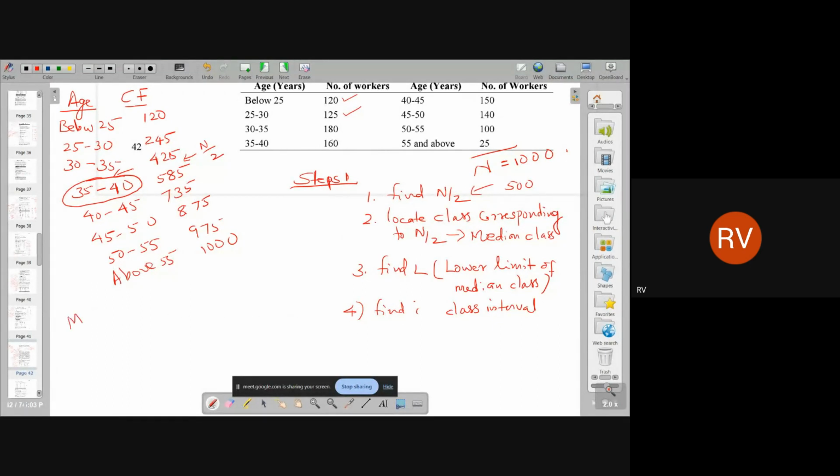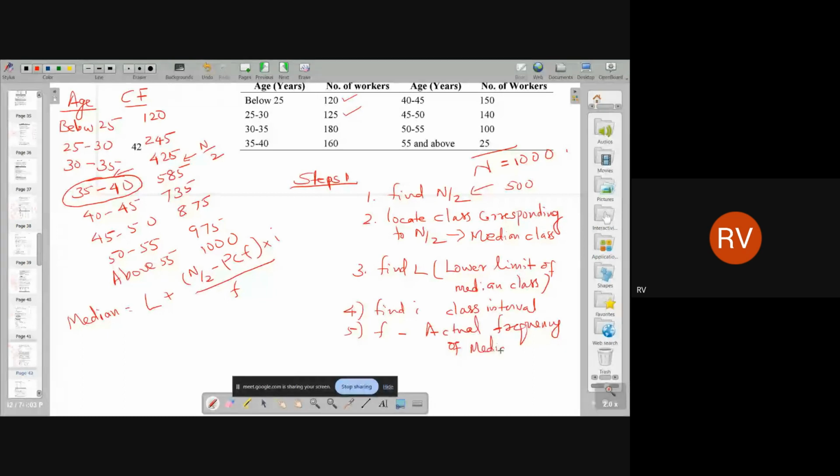Then median is equal to L plus (n by 2 minus PCF, the preceding cumulative frequency) into i divided by f. F is the actual frequency of the median class.